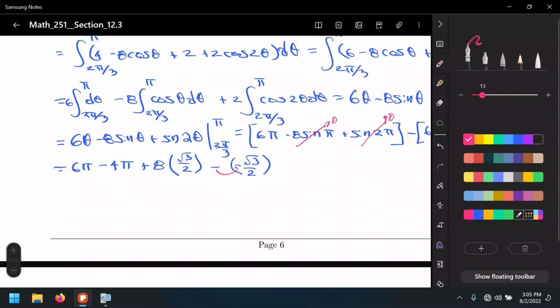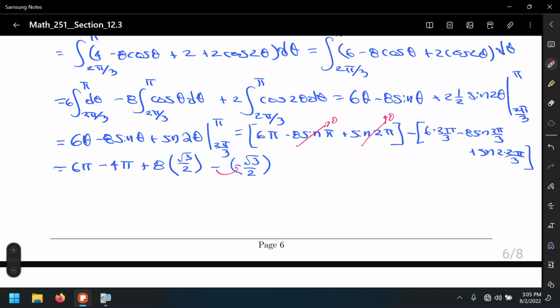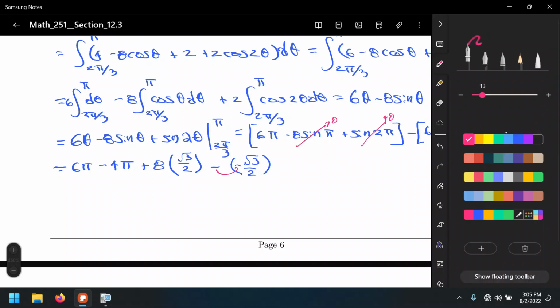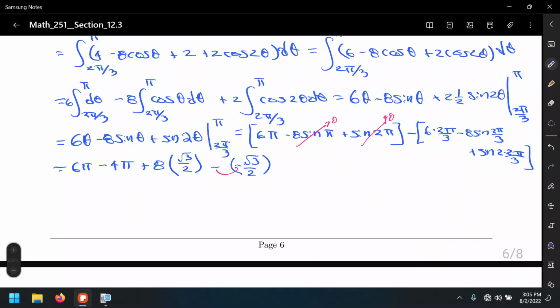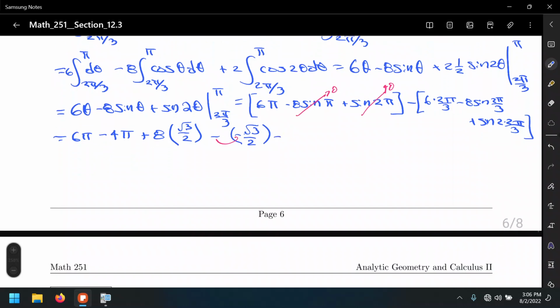Anyway, let's keep combining this together. We're almost done with this exercise. So 6 pi minus 4 pi, that's 2 pi. And what's 8 over 2? Isn't that a 4? 4 root of 3.